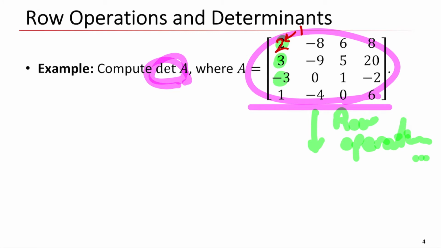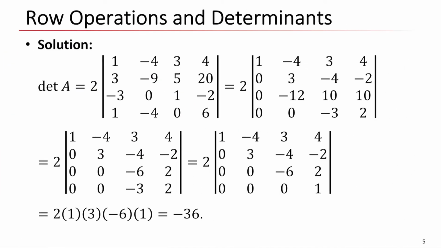Because if we use the value 2, there might be some floating values, like 1 point blah blah, 2 point blah blah. So first of all, let's reduce this one to just 1. Okay, so what are we going to do?